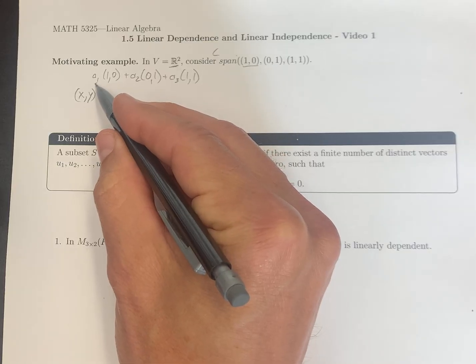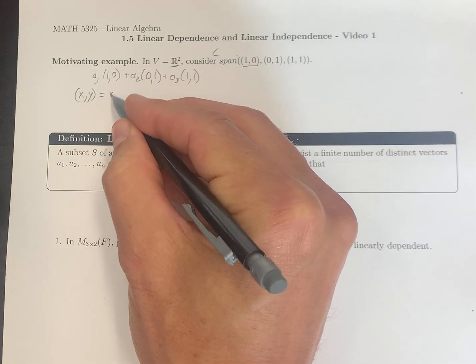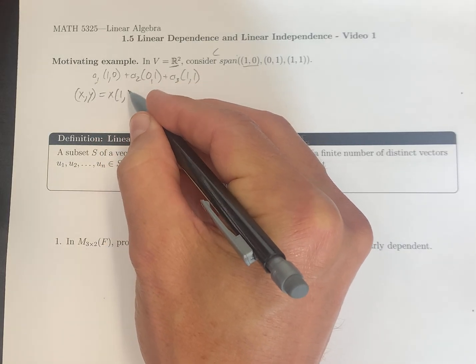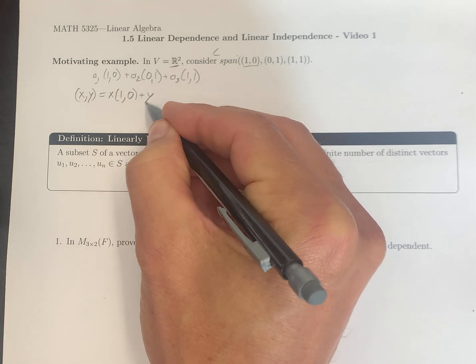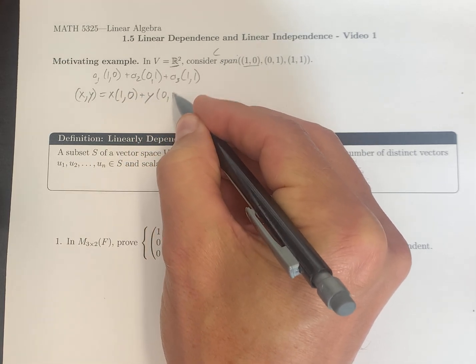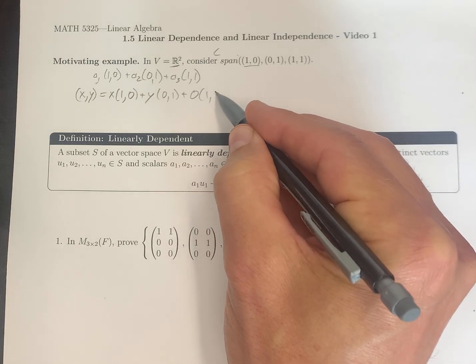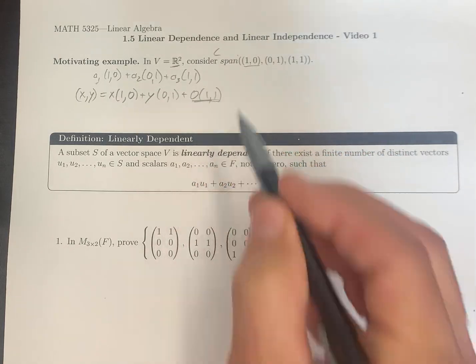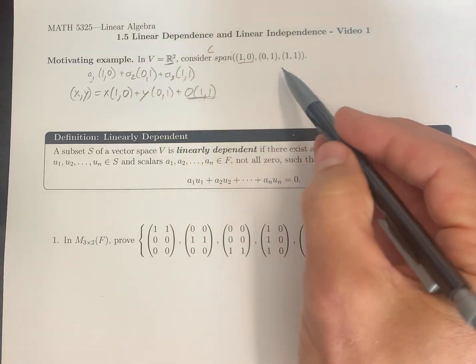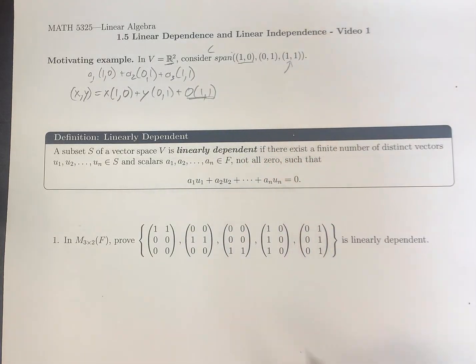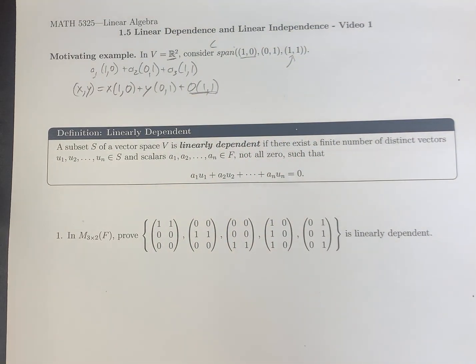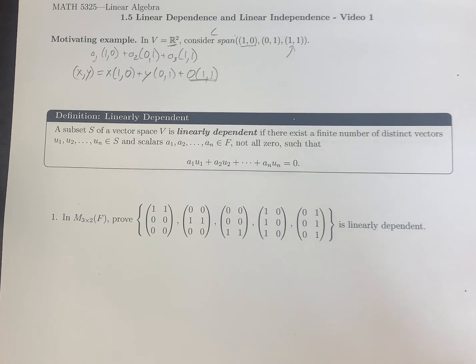It just seems pretty straightforward that I would do x times (1, 0) plus y times (0, 1). And can you see that this is just sort of redundant? I mean, yes, you could use it, but why bother? Somehow there's redundancy here. And that redundancy is what we call linear dependence.